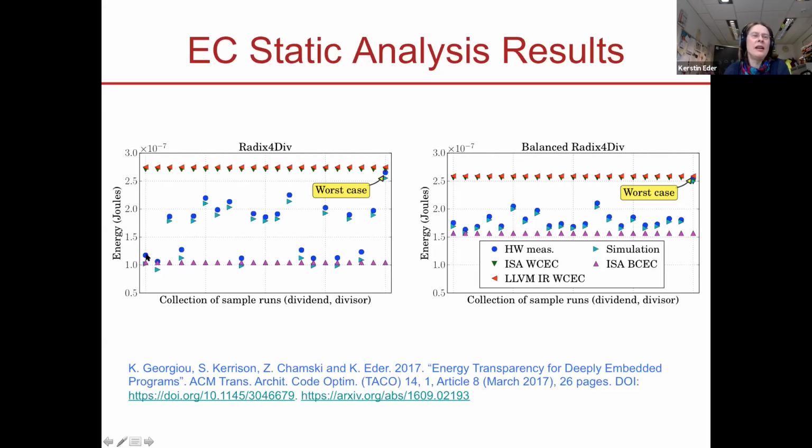But what we see here is that at the bottom, where you've got the best case energy consumption, the lowest, we have some data points dropping out and sticking out like a sore thumb. They have something in common. What we found is that there was actually a shortcut in this code that, given certain values of data, would exit the code early. And that could potentially be a security vulnerability in embedded code.